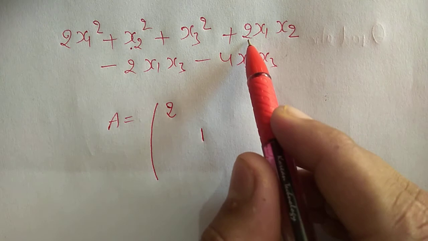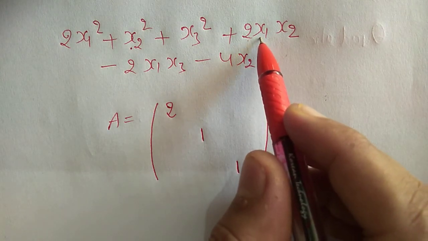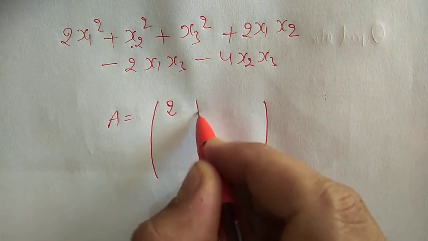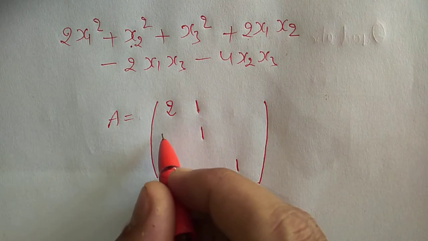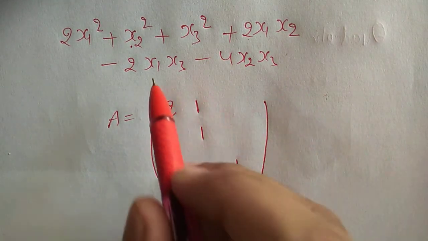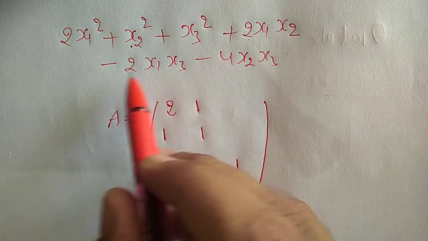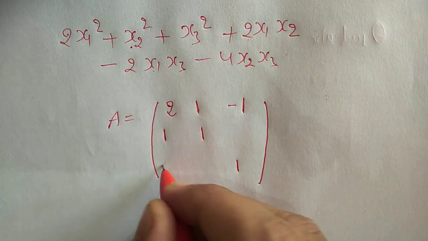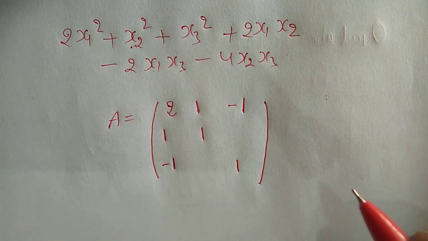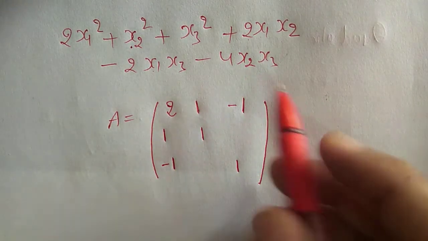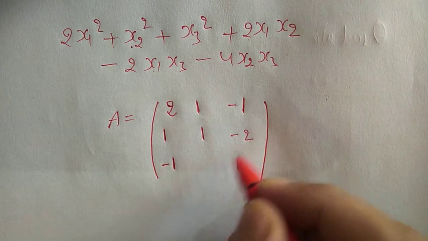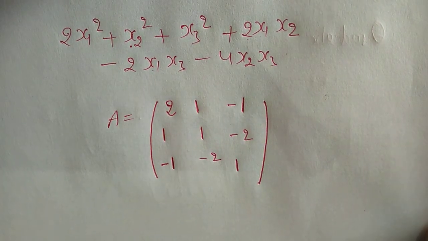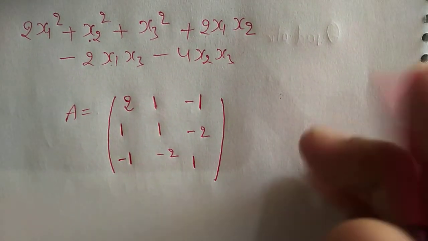Now here we have the coefficient of x1x2, so we can write 1 for x1x2 and 1 for x2x1. And for x1x3 we have minus 2, so minus 1 for x1x3 and minus 1 for x3x1. And for x2x3 we have minus 4, so minus 2, minus 2. So this is the coefficient matrix.